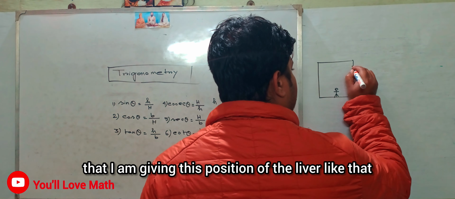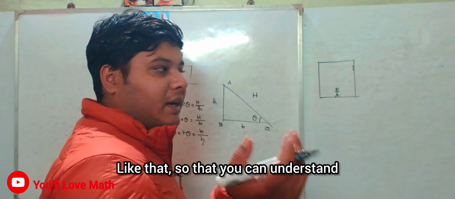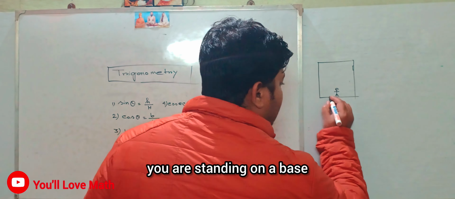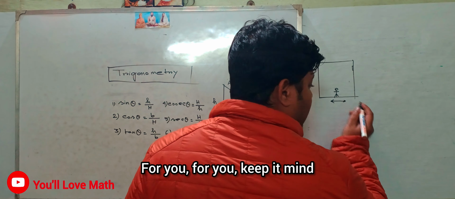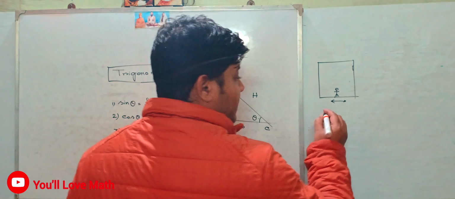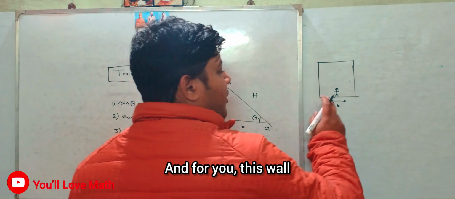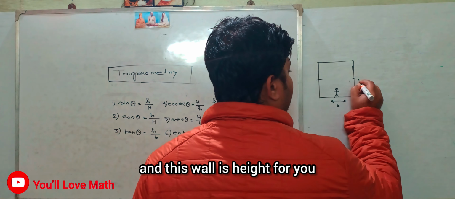I am giving this position of the lizard so that you can understand. For you, keep in mind, you are standing on a base B, and for you this wall is height.